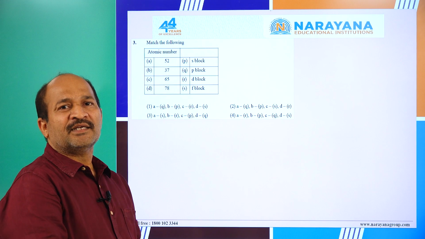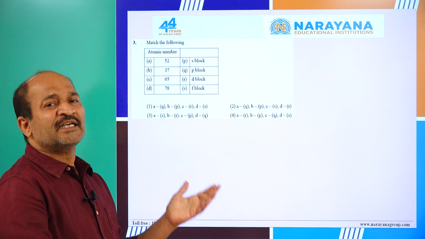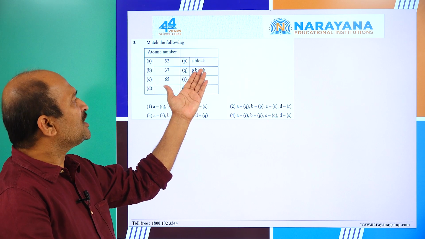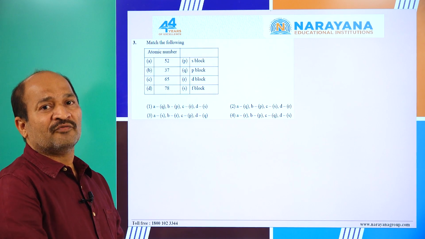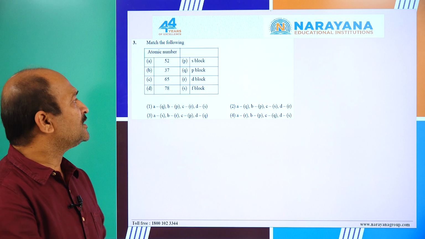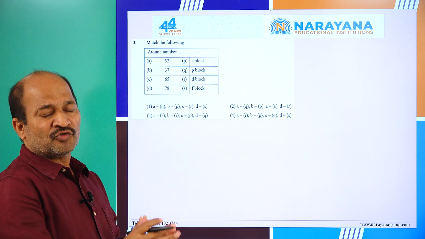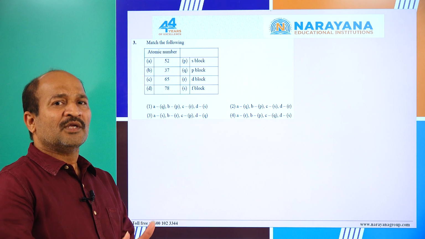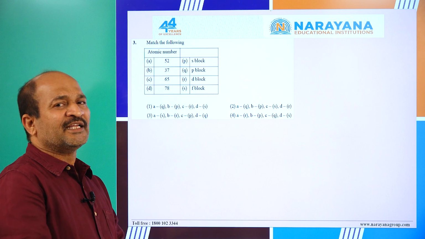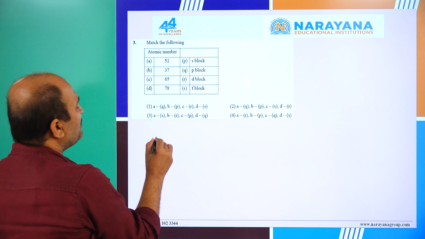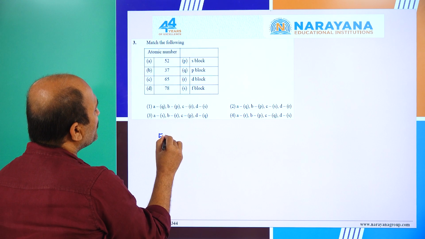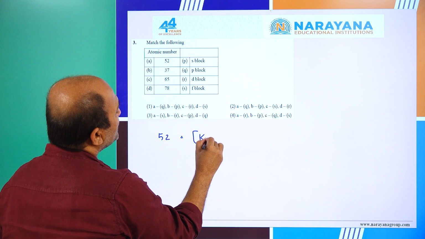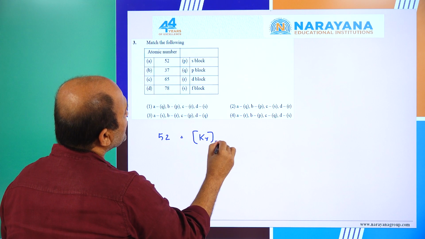Match the following. It's an easy question, but the student needs perfection. Atomic numbers are given and you have to find out which block the element belongs to. Here the point is students have to write the configuration. From the configuration you will find the subshell where the differentiating electron will enter. Take element A, its atomic number is 52. I am writing the configuration, krypton, which is 36.